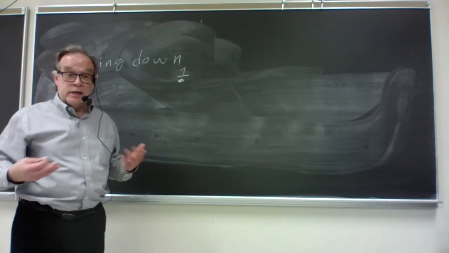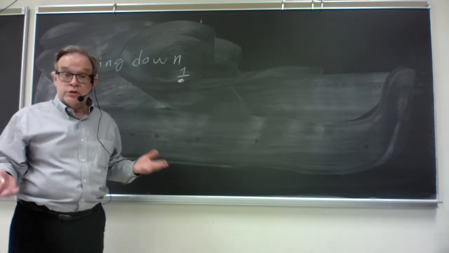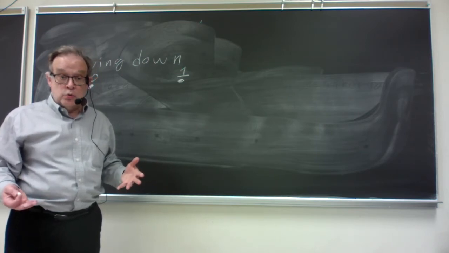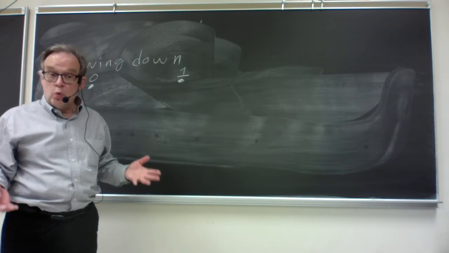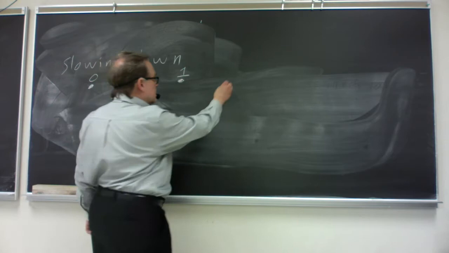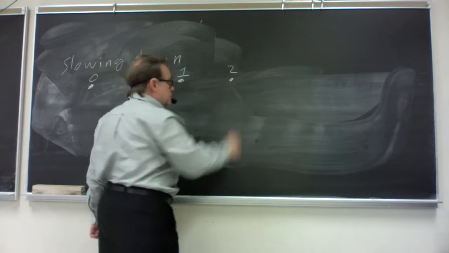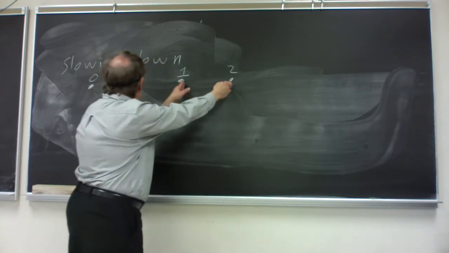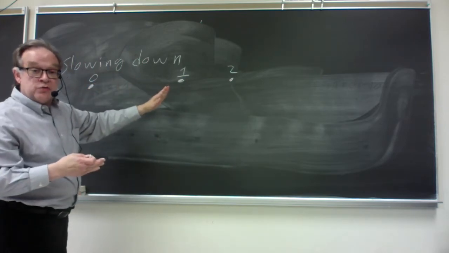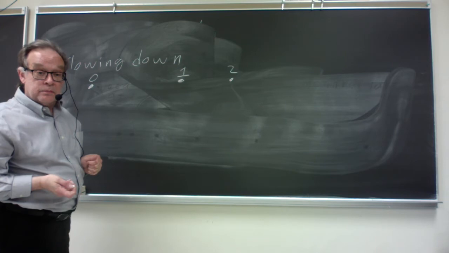And then during the second time interval, it's going slower than it was during the first time interval. So in that same amount of time, it won't travel as far as it did in the first time interval. So by the end of the second time interval, it's traveled only this far, as opposed to twice as far during the first time interval.